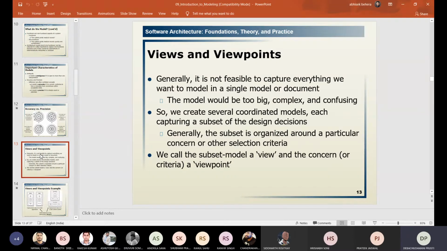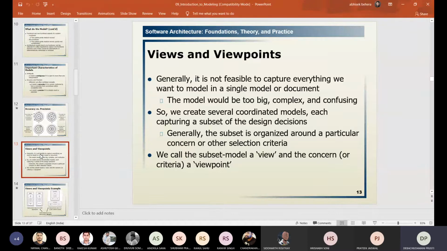So we create several coordinated models, each capturing a subset of the design decisions. Once they are coordinated, we have the viewpoints. Each captures a subset of the design decisions.